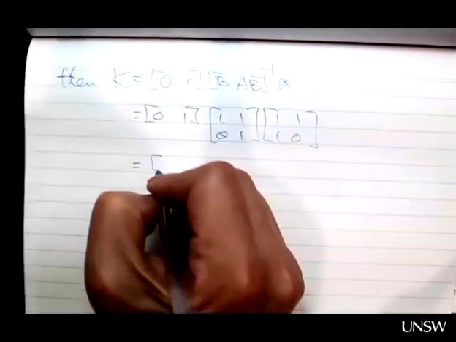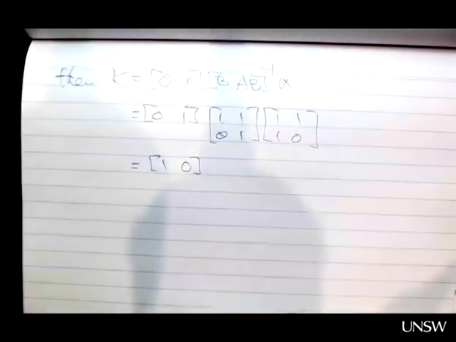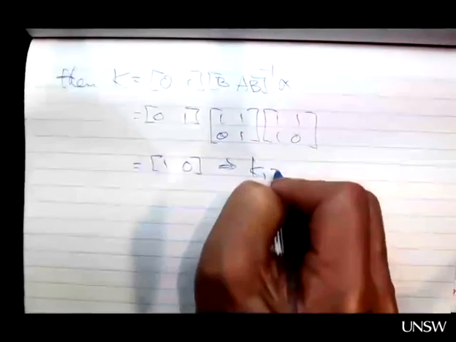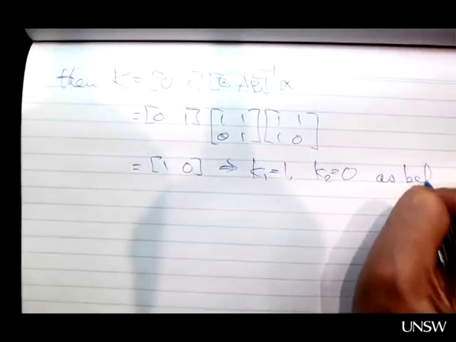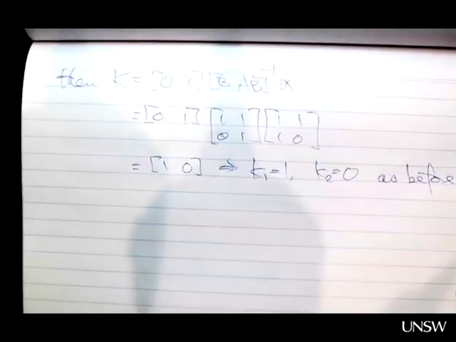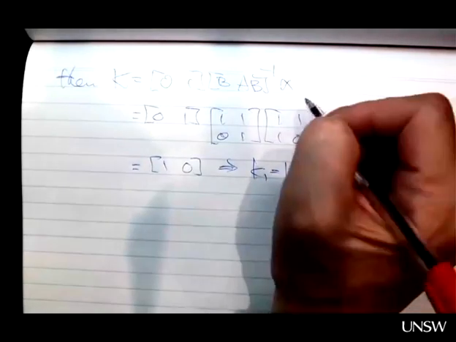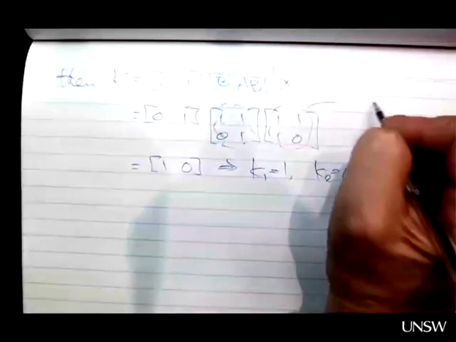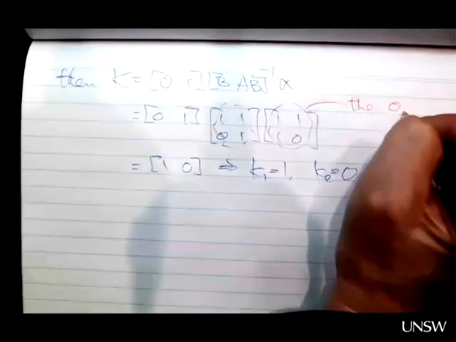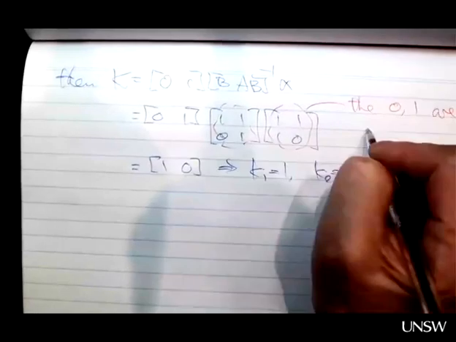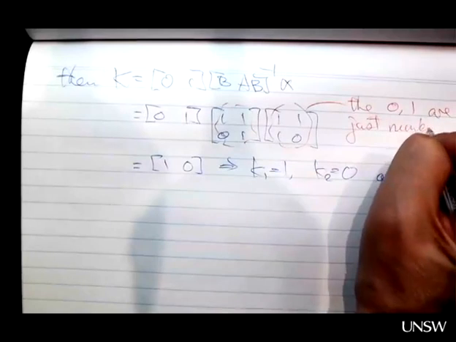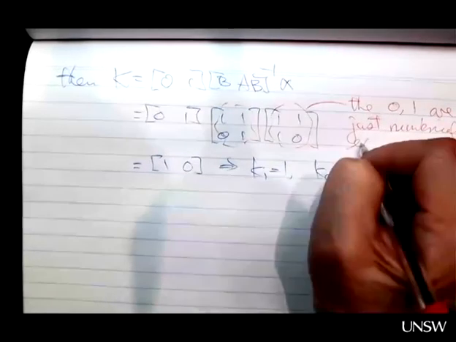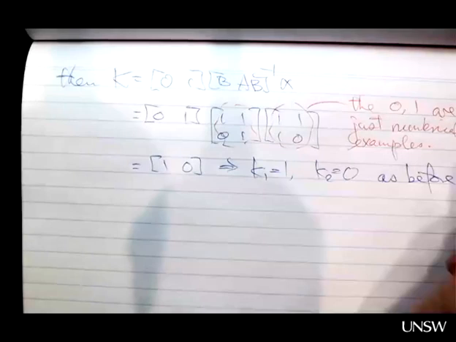Then we have k1 equals 1 and k2 equals 0 as before. Very important to note that the 0 and 1 are just numerical examples. So it is not always 1 and 0.